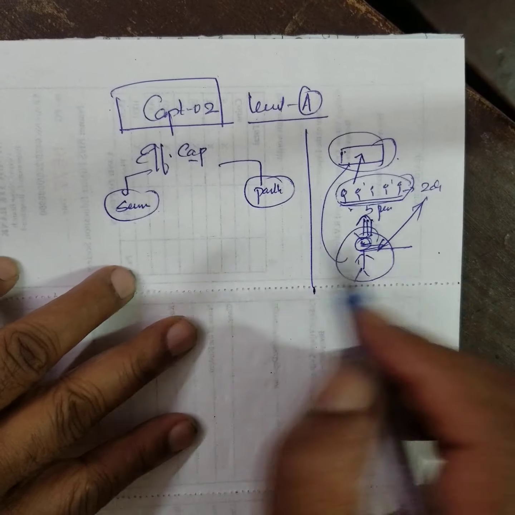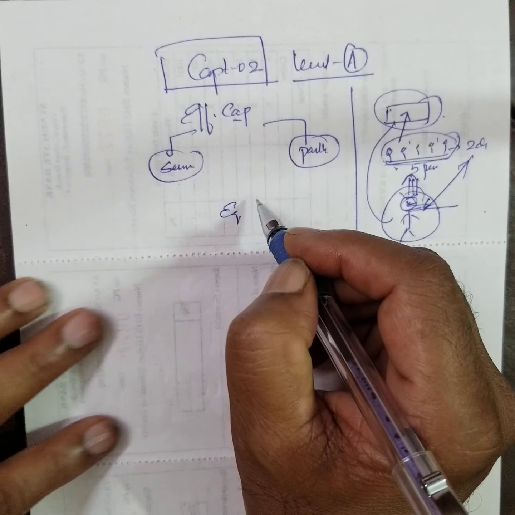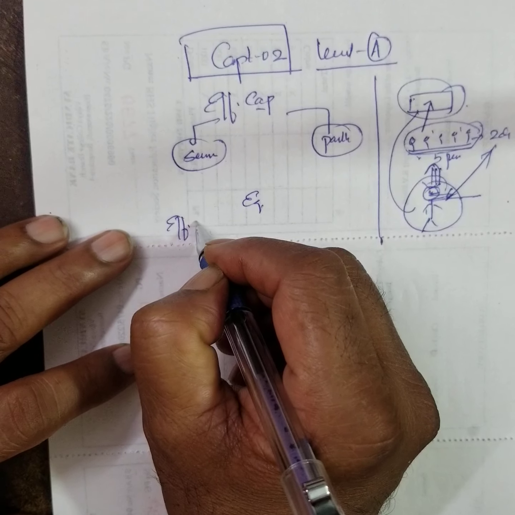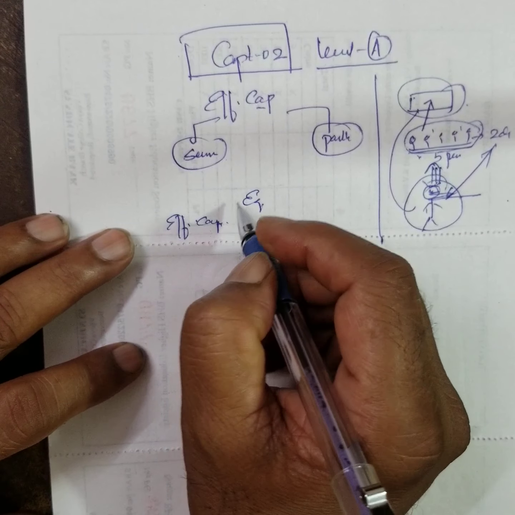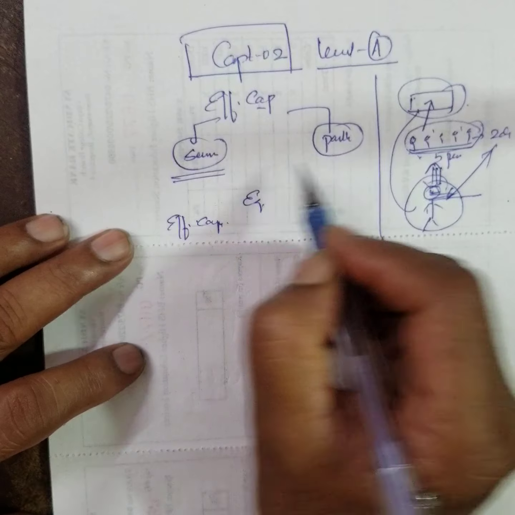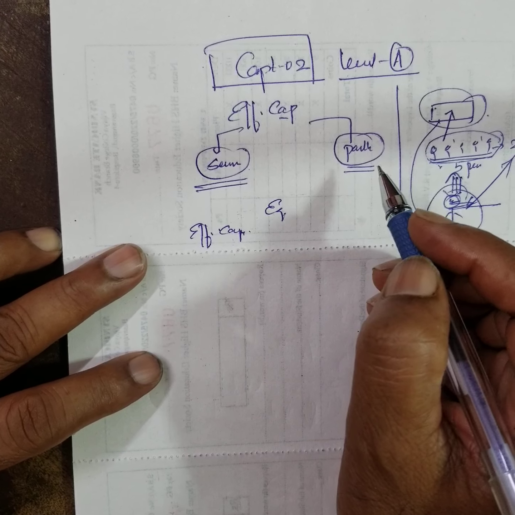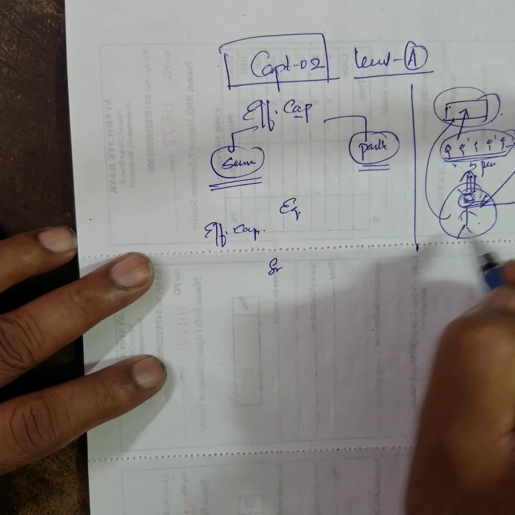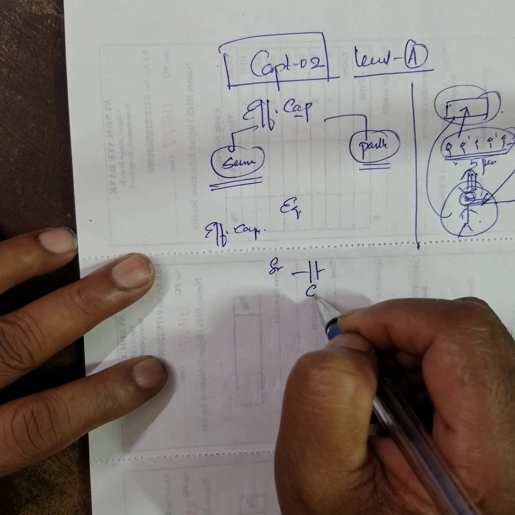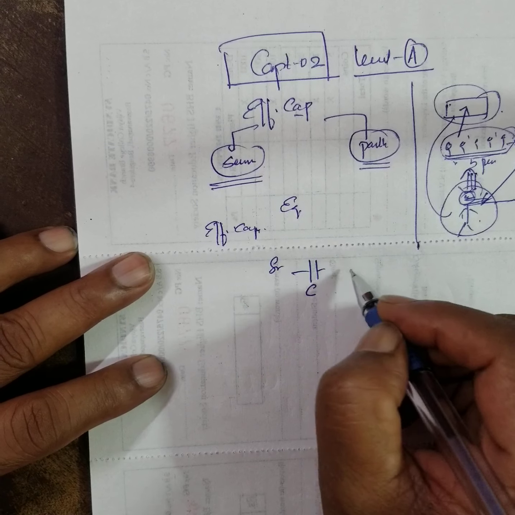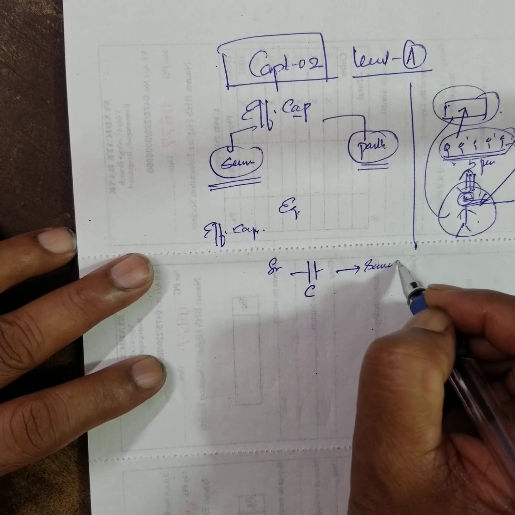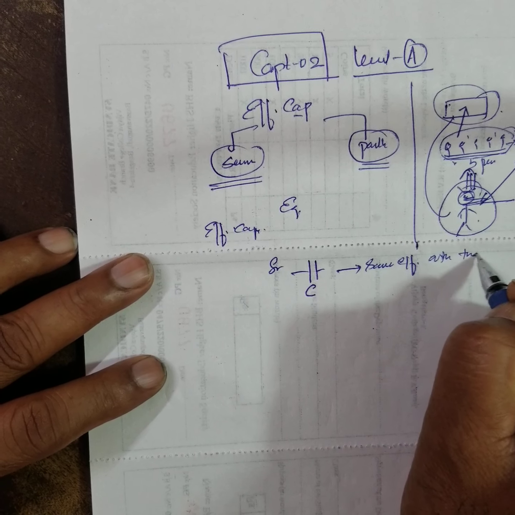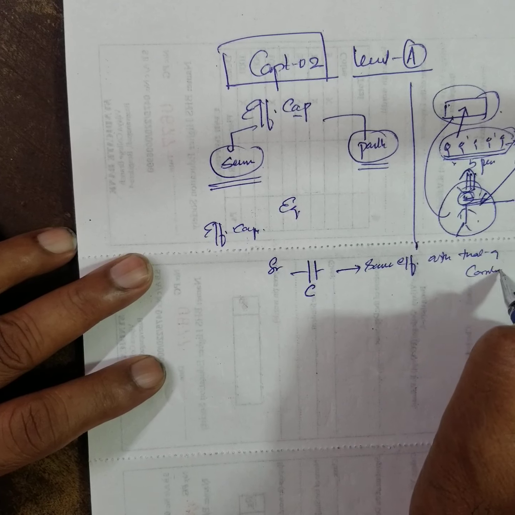Right? The same way, what is an equivalent capacitance? They'll ask, what is equivalent capacitance or effective capacitance? Effective capacitance of a combination. What type of combination? Series combination or parallel combination of capacitors is the single capacitor which produces the same effect as that of the combination.